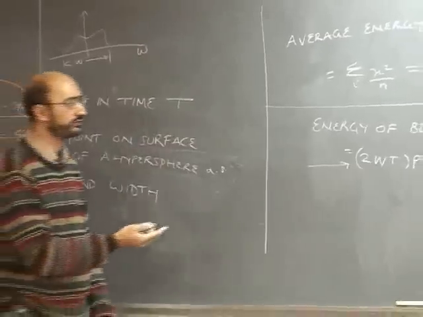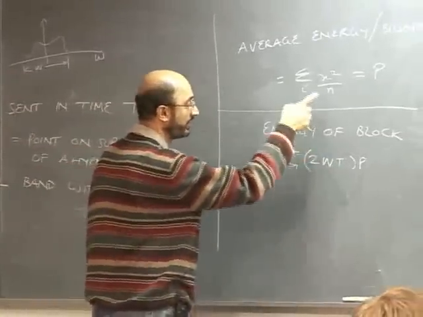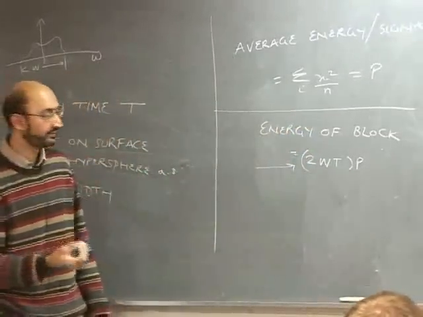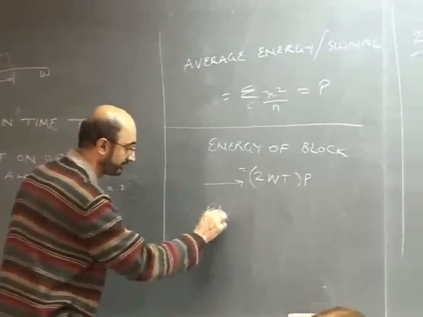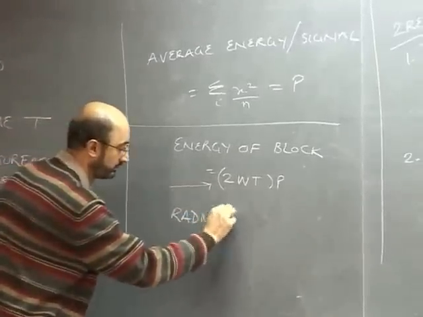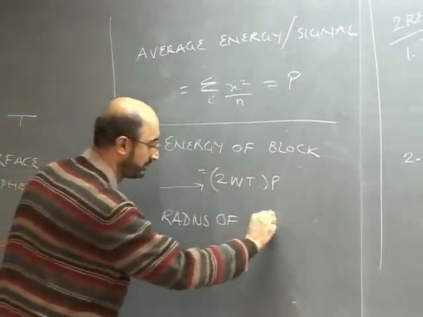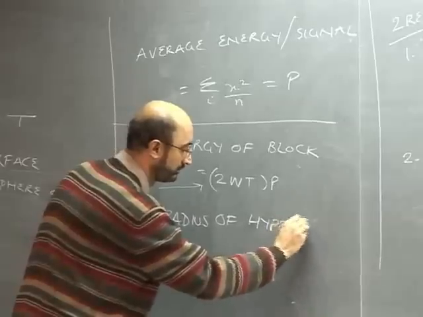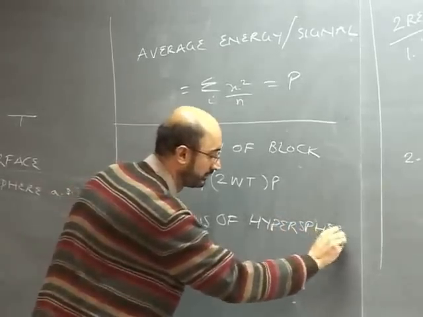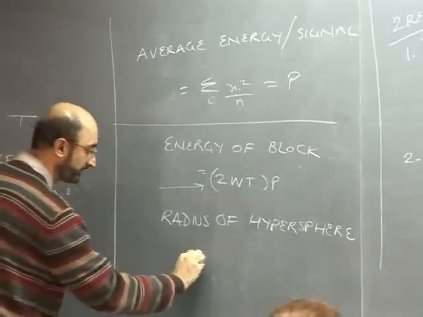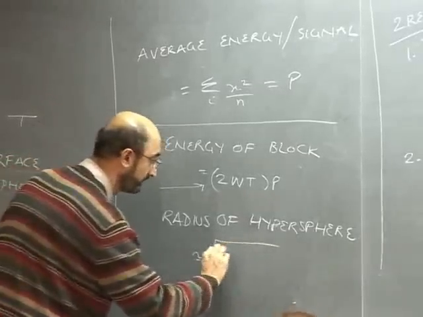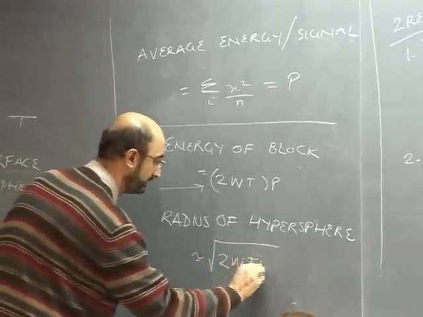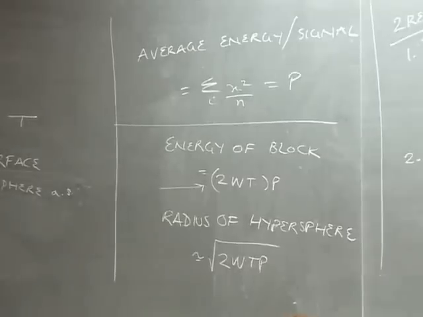The distance of this point from the origin is just going to be the square root of sigma xi squared. That's Euclidean distance. So the radius is approximately equal to the square root of 2WtP.